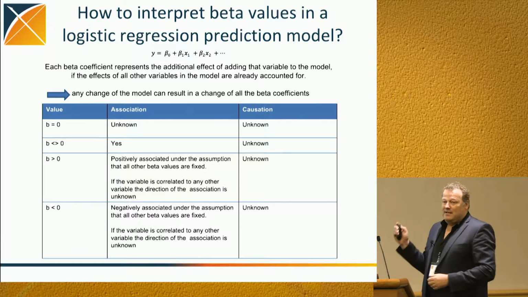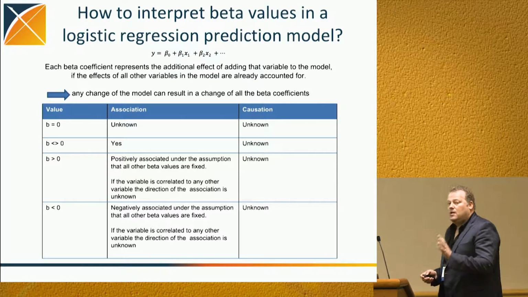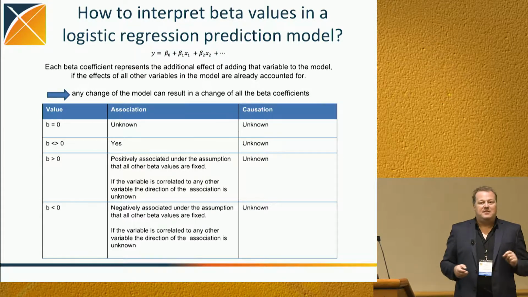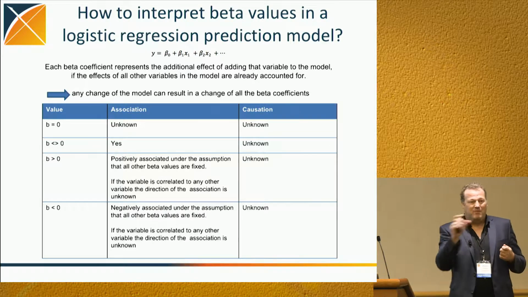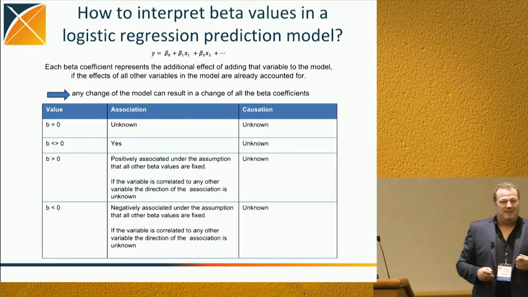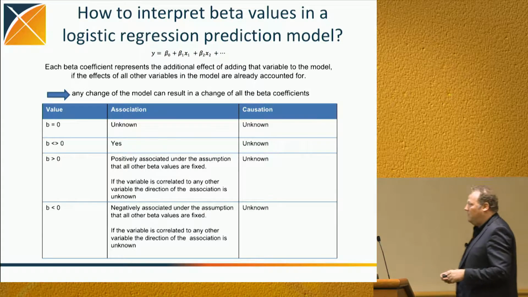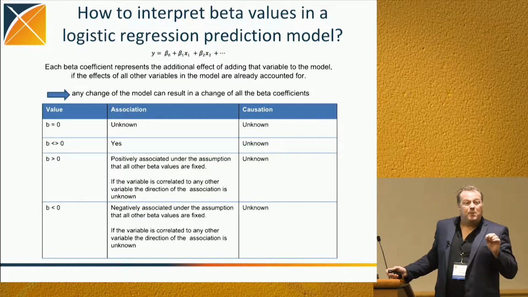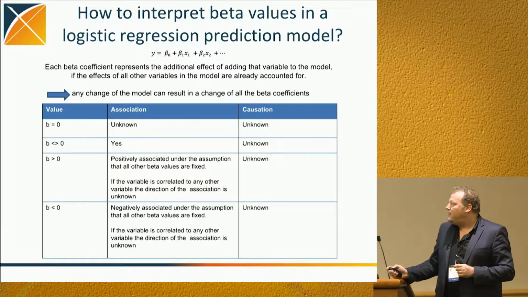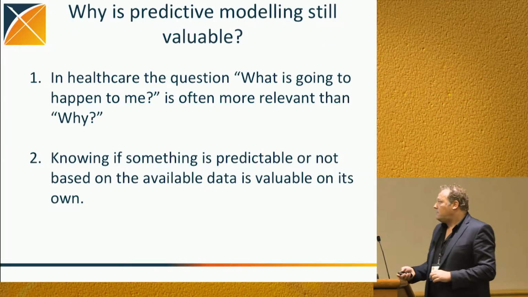The sign of the beta is important, but you can see in some of the prediction models that if you remove one of the variables, the sign of some of the betas may change. So it's hard to interpret a beta that's positive as being positively associated in general. It is positively associated under the assumption of all the other variables in the model.